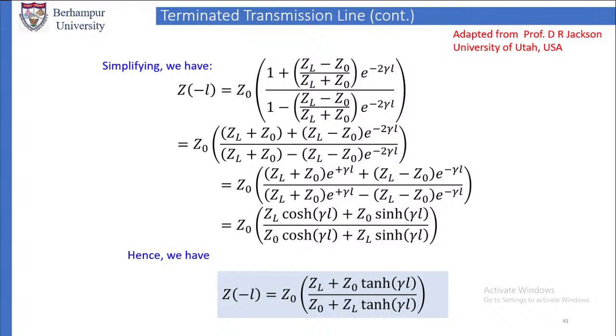Then the next step is to multiply in the numerator and denominator by exponential gamma L. If you multiply that, the first term in the numerator becomes (ZL plus Z0) into exponential gamma L. The second term becomes (ZL minus Z0) into exponential gamma L into exponential minus 2 gamma L, that will ultimately be exponential minus gamma L. Similarly, in the denominator, you will get (ZL plus Z0) exponential gamma L minus (ZL minus Z0) exponential minus gamma L.